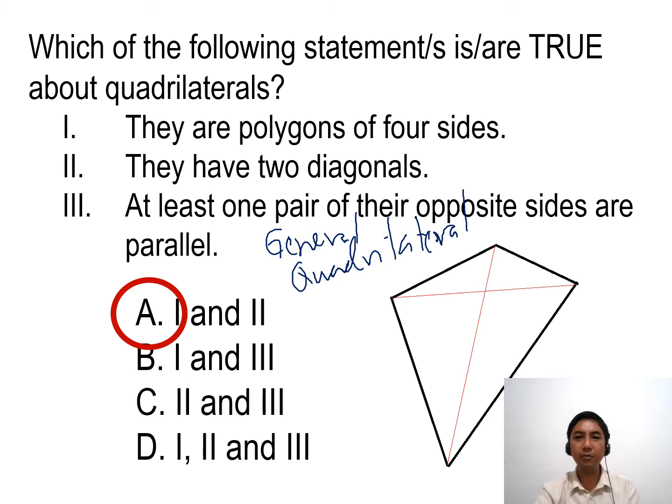Okay? Ang general quadrilateral does not necessarily mean na may pares dyan na parallel sides. Okay? But definitely, 4 sides siya. May dalawa siyang diagonals, yung kulay pula. But if you notice also that opposite sides are not parallel. So the answer is letter A.